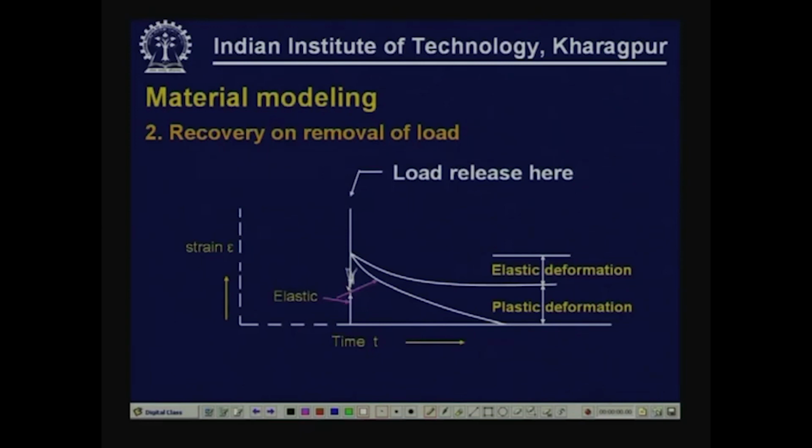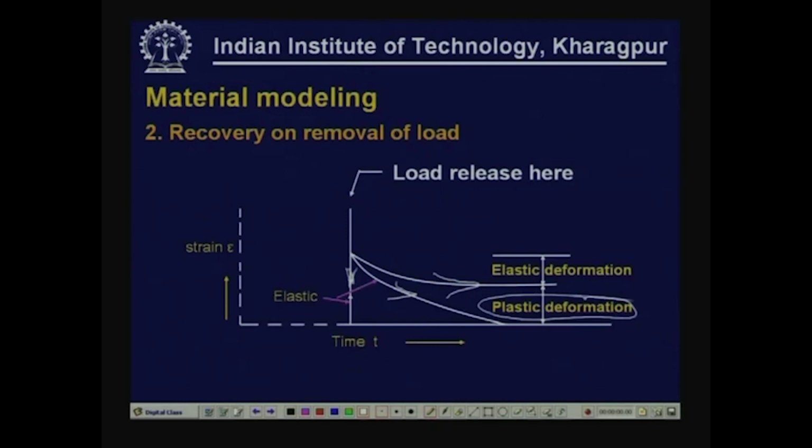It may recover completely, but slowly with time. So, this is a material that is recovering fully because complete deformation is recovered. This is also an elastic material, but it has time dependent behavior, whereas this material has recovered partly and part of the deformation is not recovered, which is known as plastic deformation.